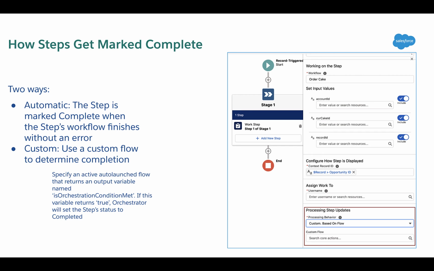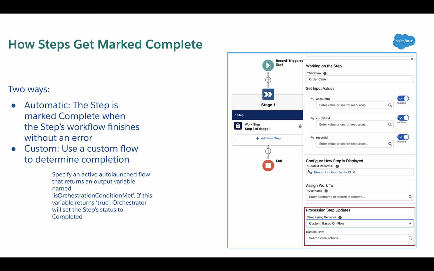The first, and default, is called automatic. Basically, what that means is if the step flow finishes without a fault, then the orchestrator will find out about that and mark the step as complete. And so if you're comfortable that one single trip through that step flow that gets all the way to the end is adequate to get the work done, this is what you want to go with. It's definitely the easiest way.